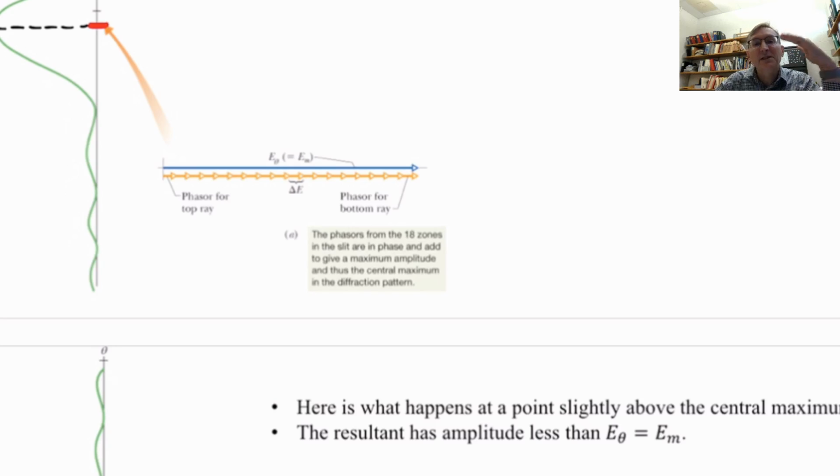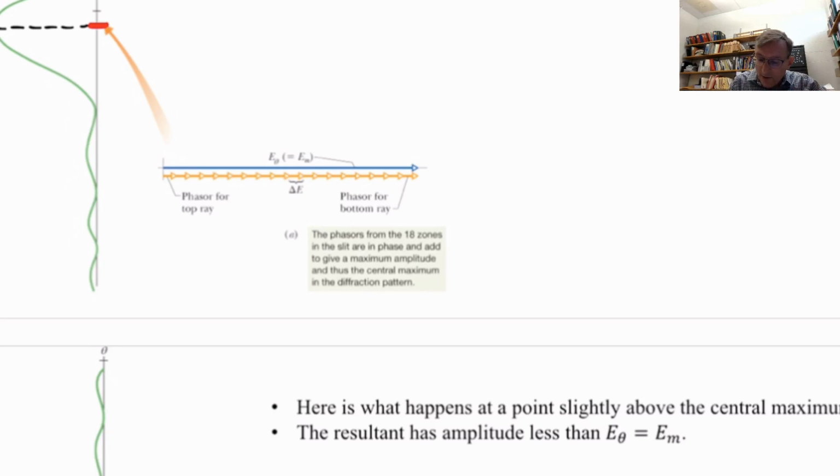Now, if we're at the central point on the viewing screen, where the central axis intersects, then we are right across from the very middle of the slit. And all the rays that came from the slit, remember the distance between the slit and the viewing screen is very large, they're all coming in from the same direction. They all travel the same distance. There is no phase difference between the amplitudes of the wavelets.